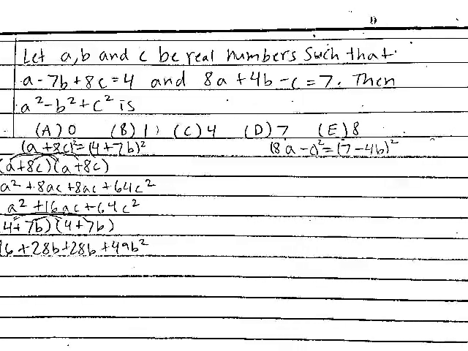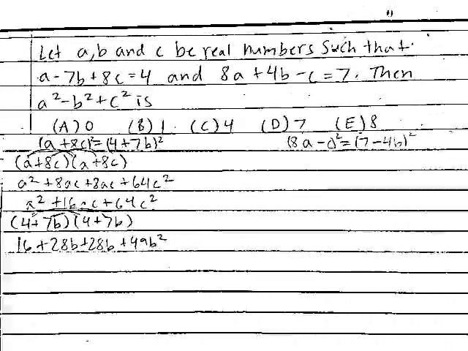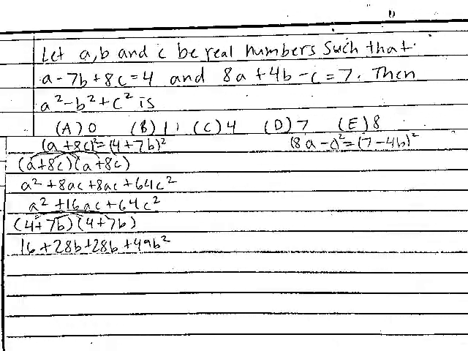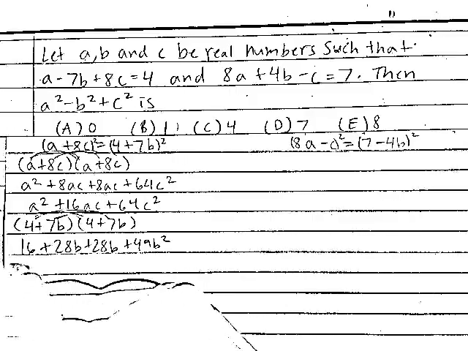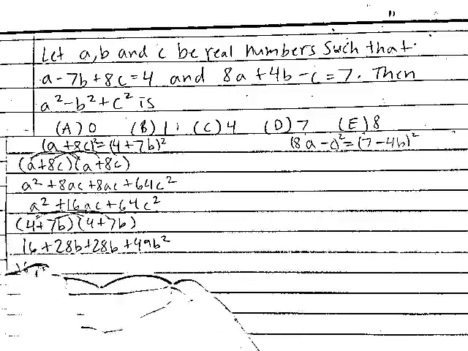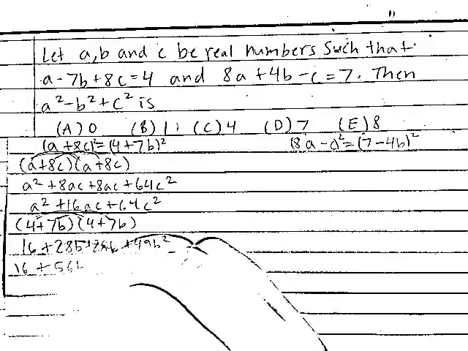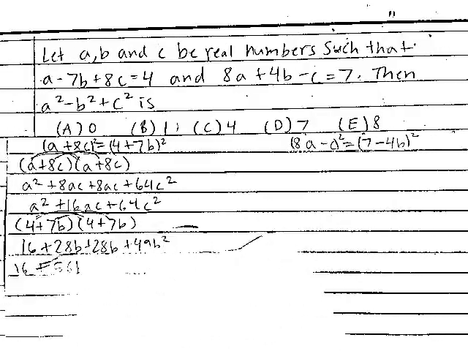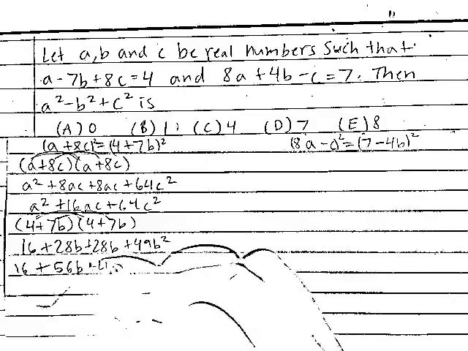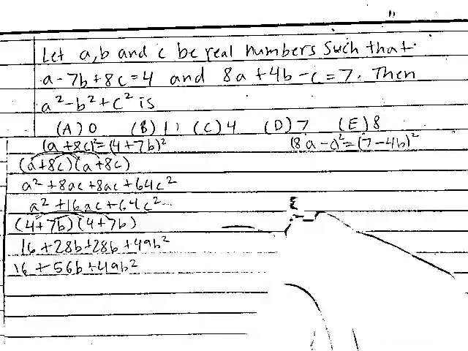Hopefully you can see. Oh, you can't see that, sorry. I'm just going to turn it. Okay, hope that's better. Simplifying this, we get 16 plus 56b plus 49b squared.